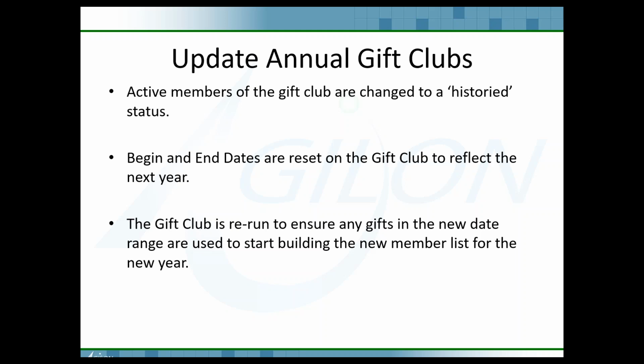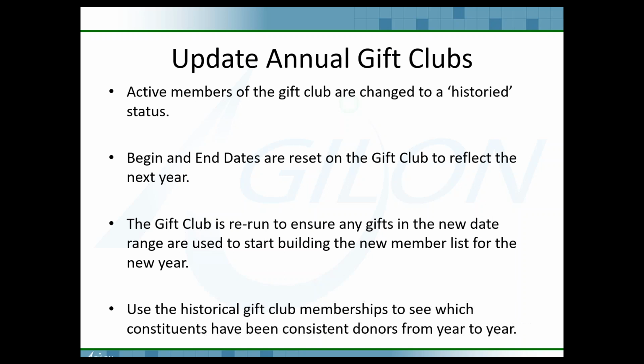So rerunning that will ensure that we have everybody in there that should be counted. And then, like I said, you can use the historical data to see how many donors are consistently giving year to year.